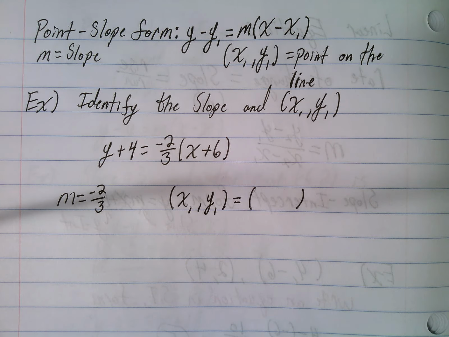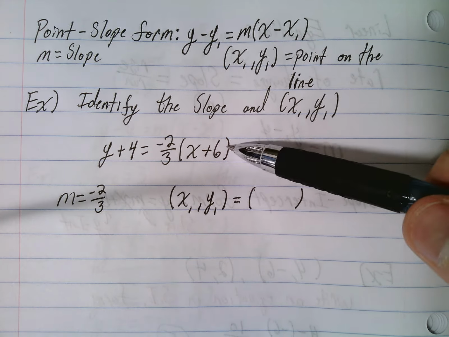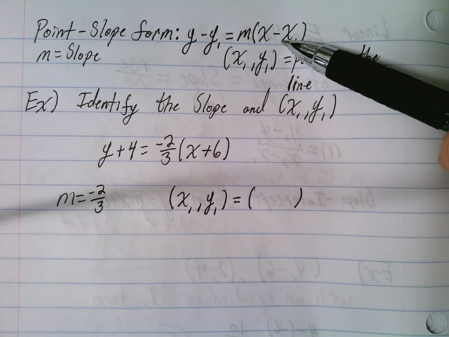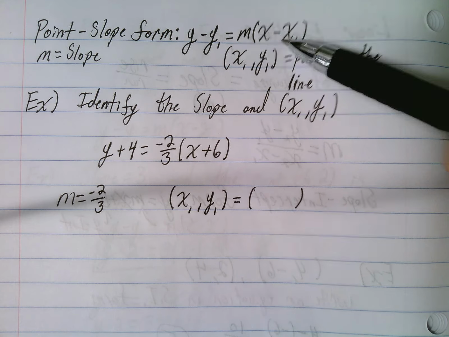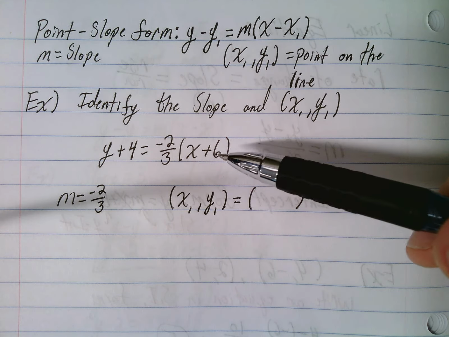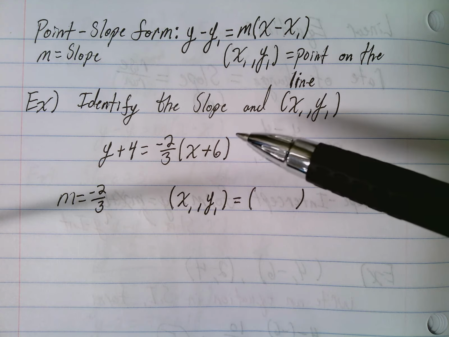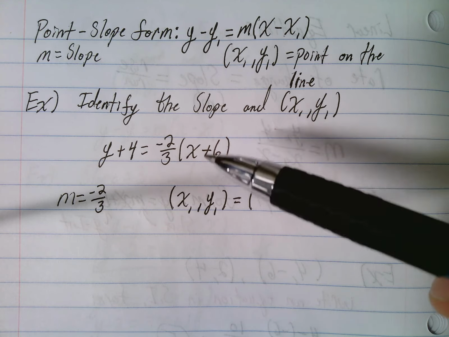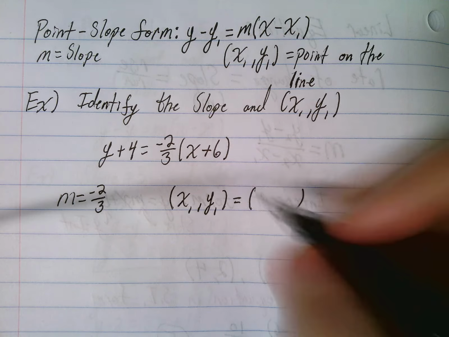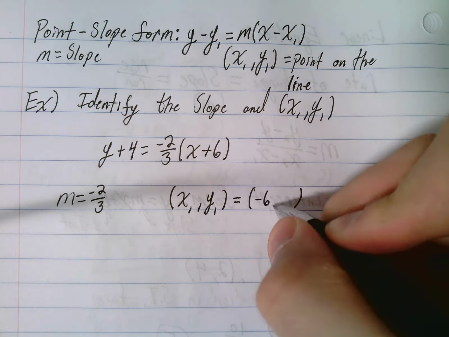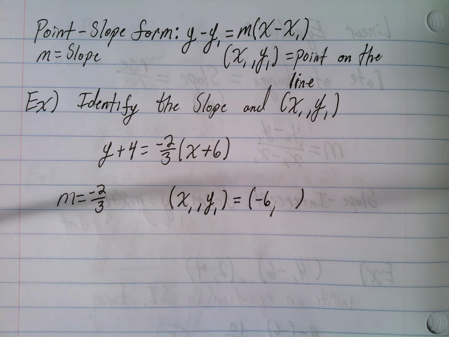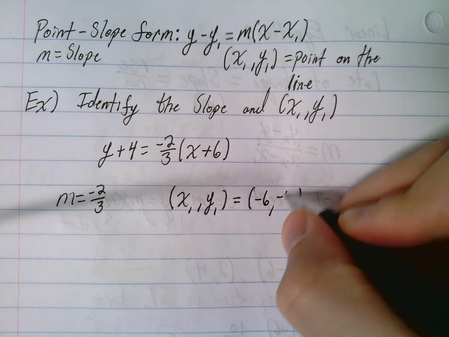What's different between what you see here and what we have here? It's supposed to be a minus, so how would we make a minus a positive? So it would be a negative 6. So this x value would be negative 6. And what would we say about that y value? It would be negative 4.